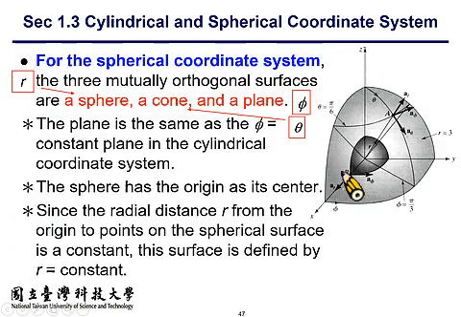cylindrical coordinate system. Next is the spherical coordinate system. From the perspective of the study of electromagnetic waves, the spherical coordinate system is of course more important. Because what? Well, because the source of electromagnetic waves is usually a point source.